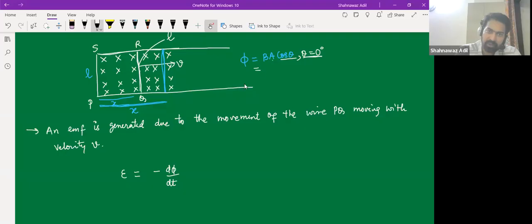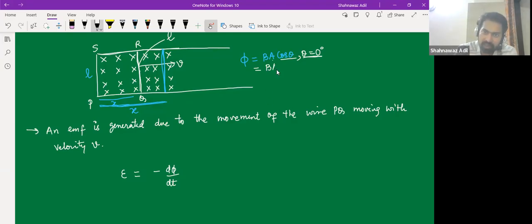So now you tell me what is the area of PQRS? See the shape. This is a rectangular shape, right? What is the area of a rectangle?